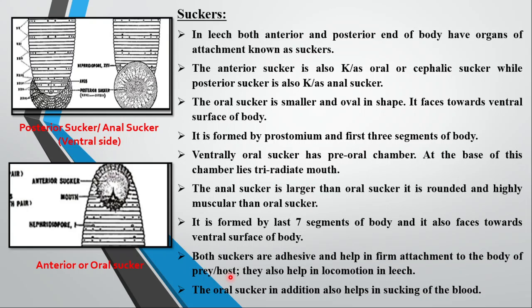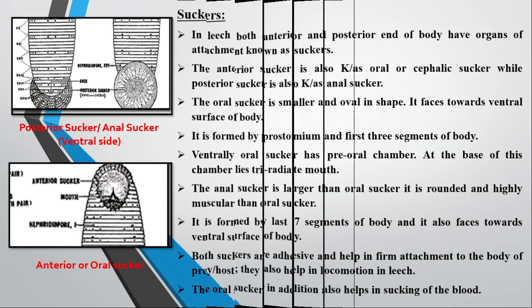It attaches firmly to the host or prey surface so that it can suck the blood. This adhesive function is performed by the suckers, that is, the oral and anal sucker. The oral sucker in addition also helps in sucking the blood.